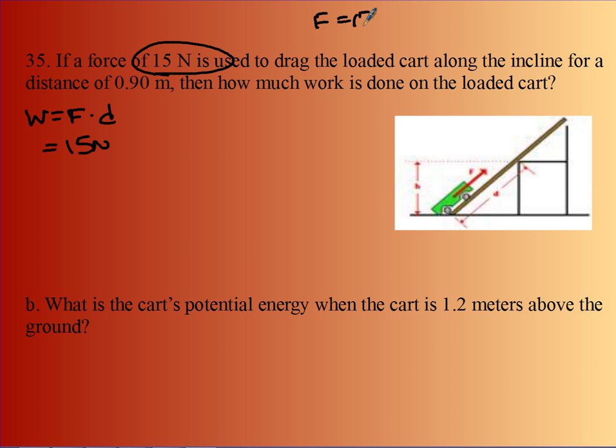F is 15 newtons, and it goes along an incline of 0.9 meters. d is 0.9 meters. So the work is force, which is 15 newtons, times the distance, which is 0.9 meters. Put this in your calculator. 15 times 0.9 is 13.5 joules.